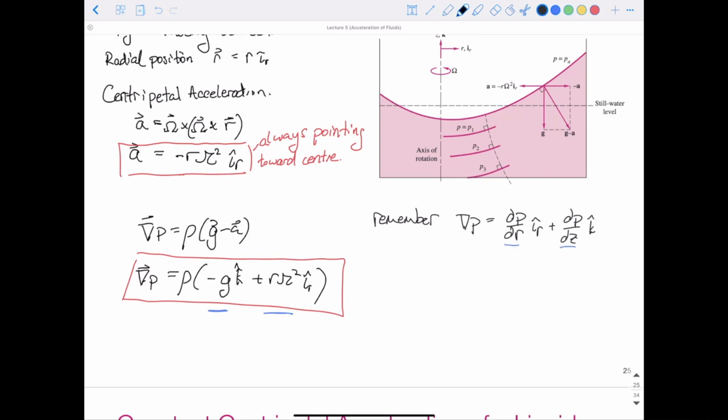So both of these equations are correct and they're true. If you believe they are, we can also write dP dr must be equal to rho times r times omega squared. And dP dz must be equal to negative rho times g, which is equal to negative gamma.